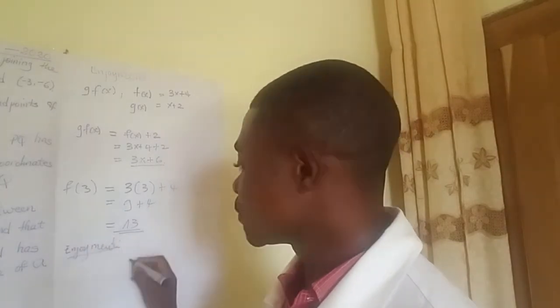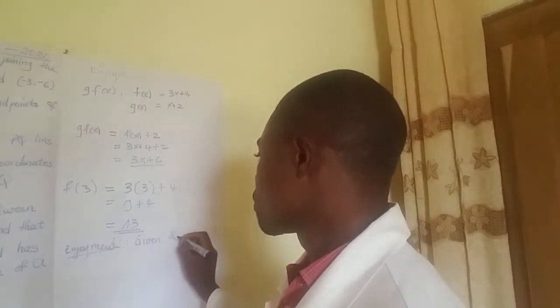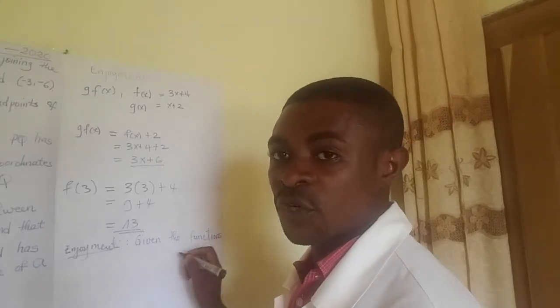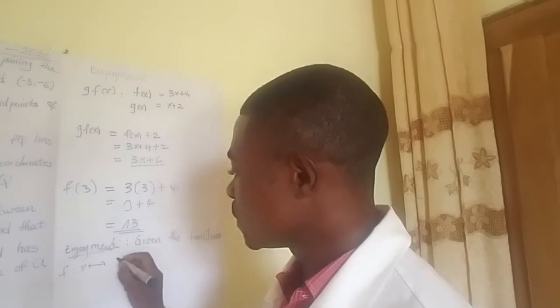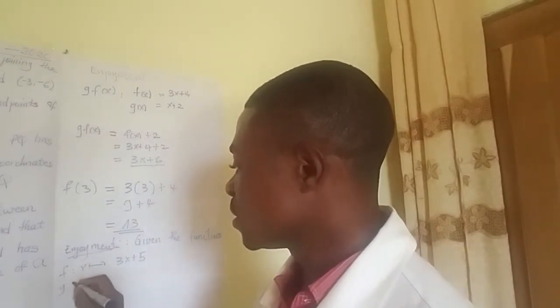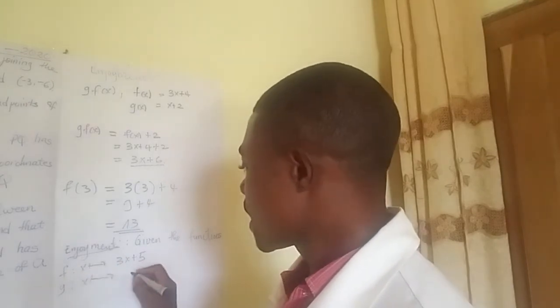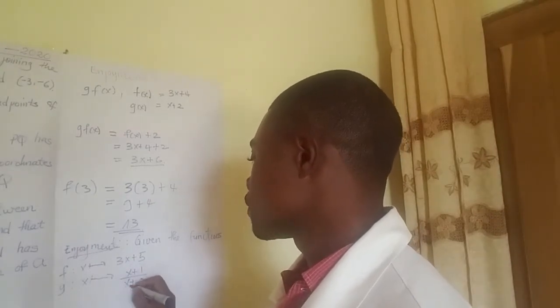says given the functions f such that x is mapped to 3x plus 5. Next, g such that x is mapped to x plus 1, all that divided by x plus 2.